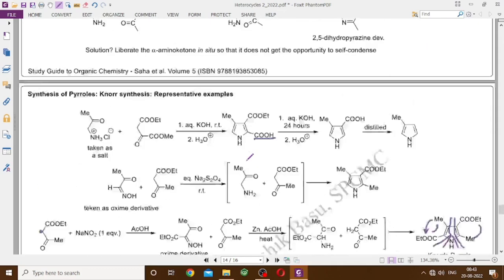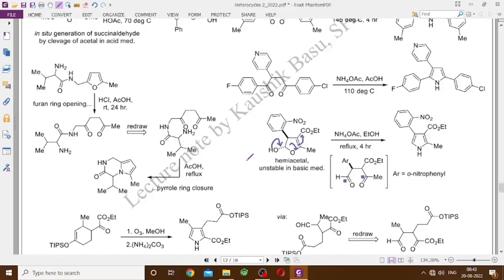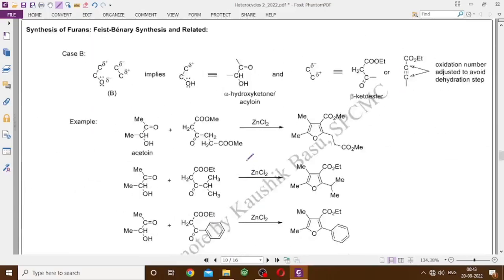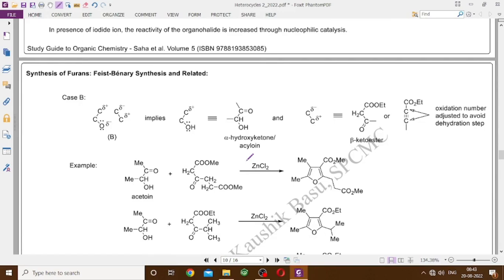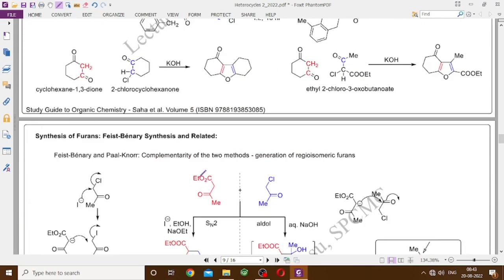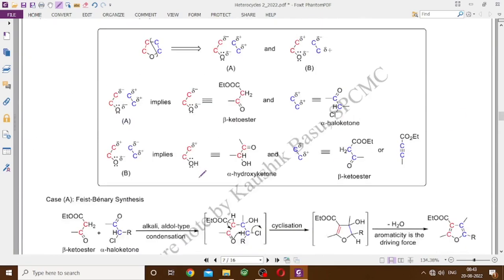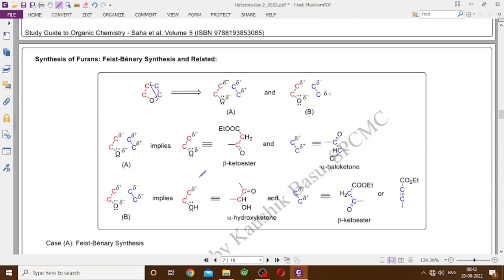So if you go back a little bit and recall the discussions on furan synthesis, we talked about the Feist-Benary method. The Feist-Benary method is something where you have oxygen nucleophilic reactivity and carbon nucleophilic reactivity combining with the bis-electrophile, where the 1,2 carbons, the adjacent carbons, are electrophiles.